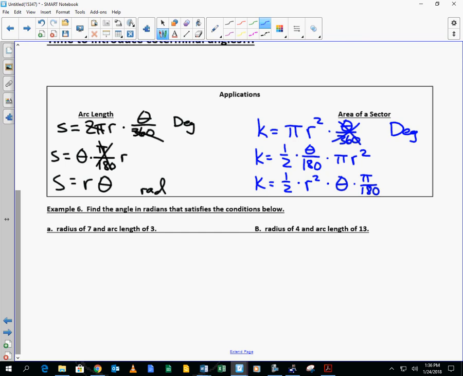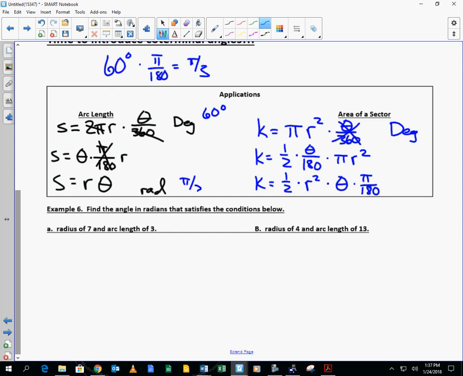Yep, because that's your conversion from degrees to radians. Remember that if you have 60 degrees, you multiply that by pi and divide by 180, and that's equal to pi over 3, right? So if you put 60, you have to use that one.